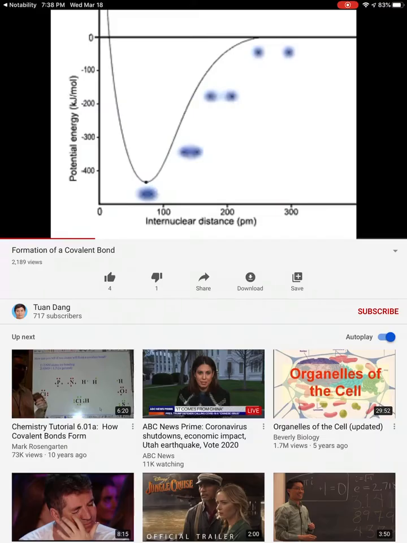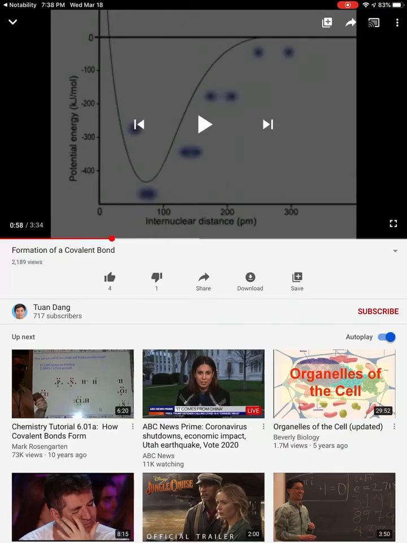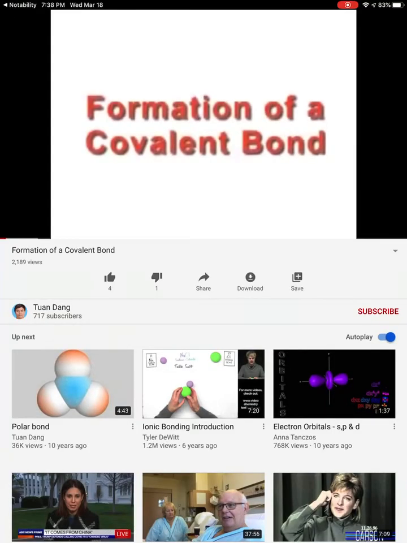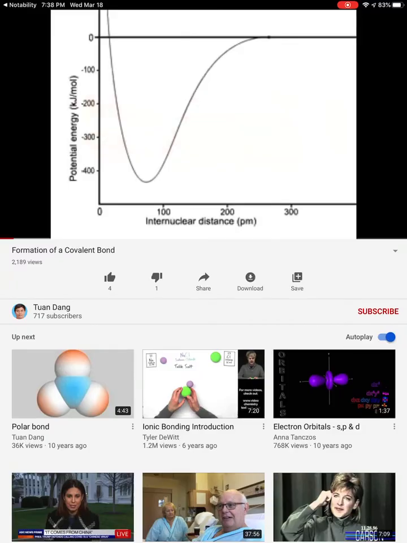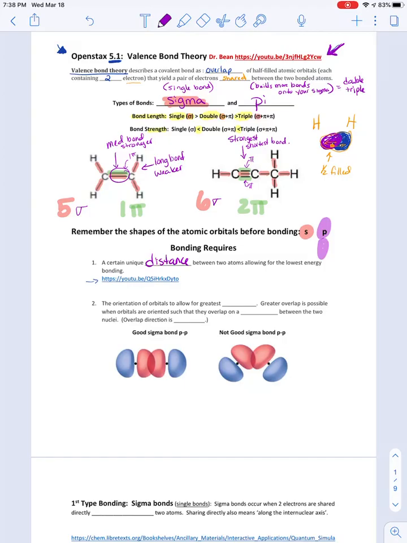That is how it looks when you have two s orbitals really well overlapped. And the things all to the right are not good. Do we do one more closer one? Yep, look. This is where they're kind of stuck on top of each other, and that's not good. So anyways, that is what you're looking for. That's what we're talking about when we're talking about these bonds. And that was this link right here.